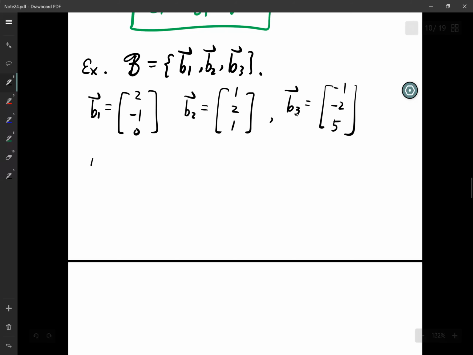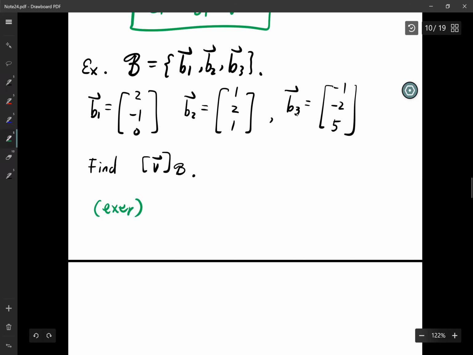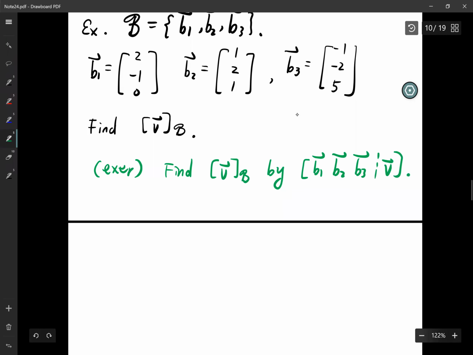So now we want to find VB. As an exercise, we can find VB in the old way by solving the system with B1, B2, B3 and V. I will leave this to you as an exercise.